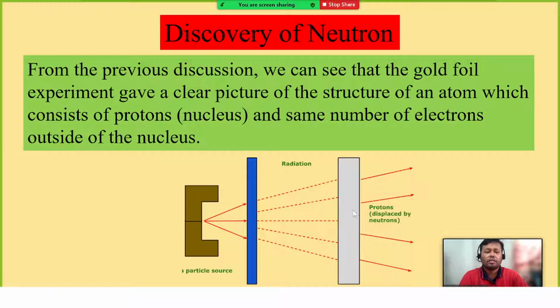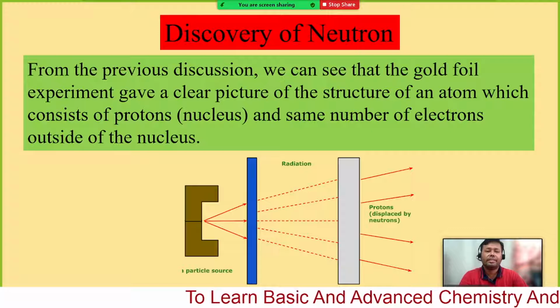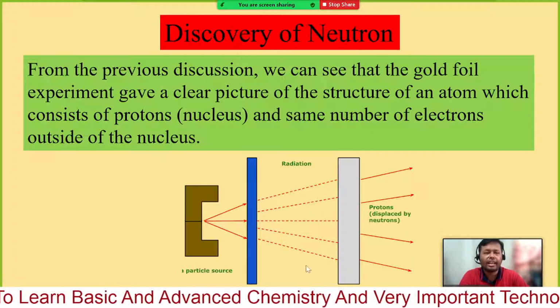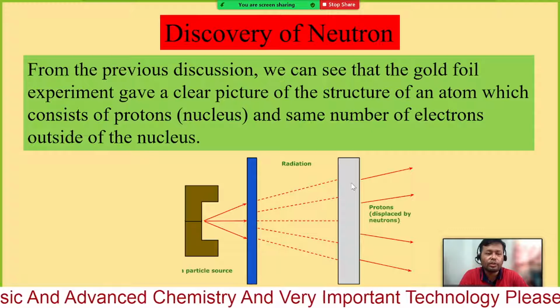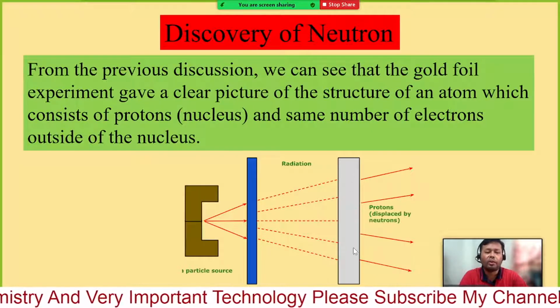Now what Joliot Curie, they have found that if this radiation is passed through paraffin wax or hydrogen containing particle or molecule, this neutral radiation can eject hydrogen or eject proton from the molecule.